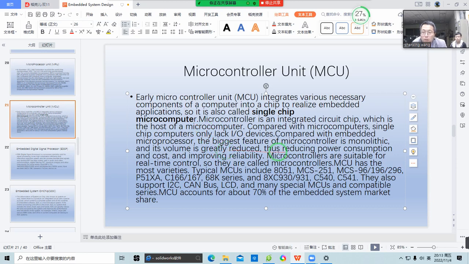The controller is an integrated circuit chip, the host of a microcomputer. Compared with a microcomputer, a single chip computer only lacks I/O devices. So some single chip microcomputers lack this kind of device. What is I/O? For example, serial port, parallel port.